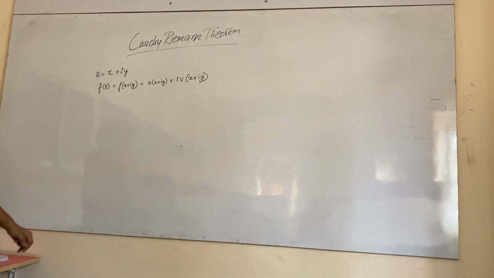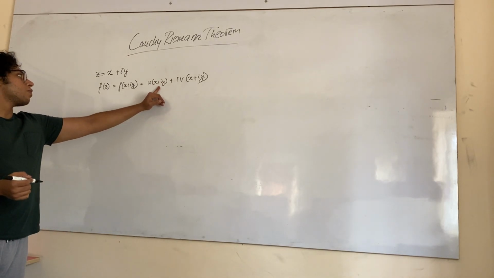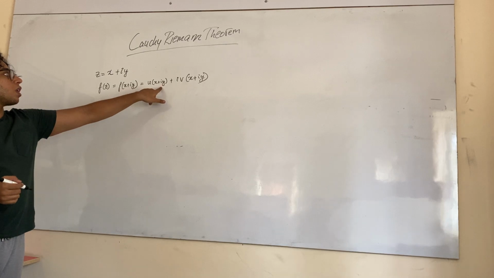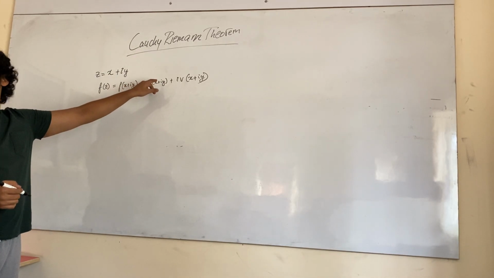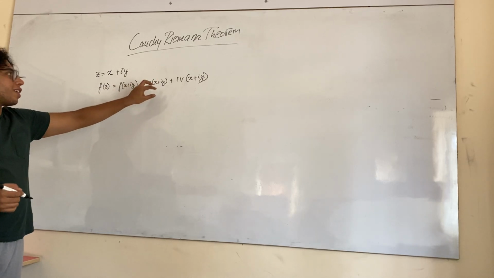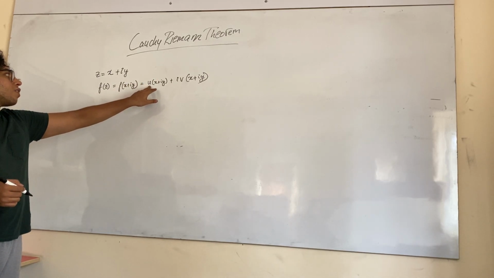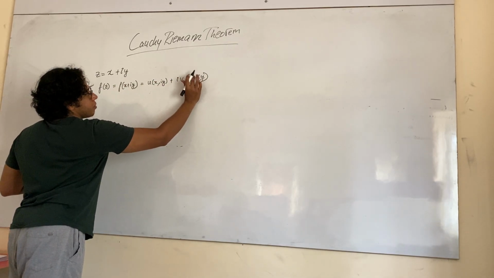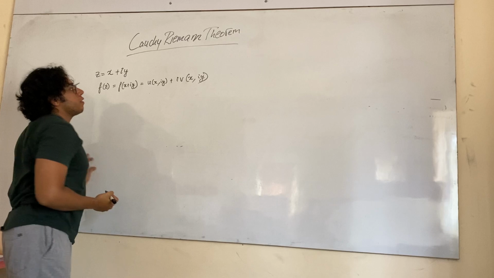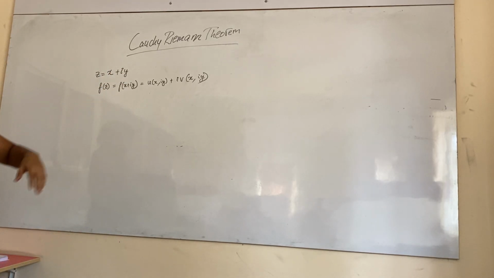For example, if you take a square, then y transfers itself onto x. That is a beautiful relation.